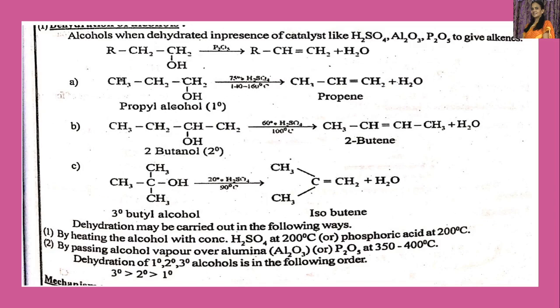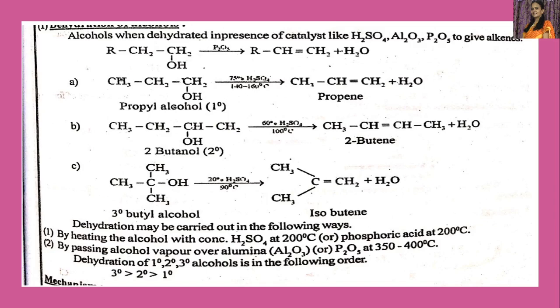So 2-butanol, when it is subjected to dehydration with concentrated sulfuric acid, then what happens? 2-butene is obtained. How is it obtained? OH from this carbon and H from this carbon are removed by the catalyst.